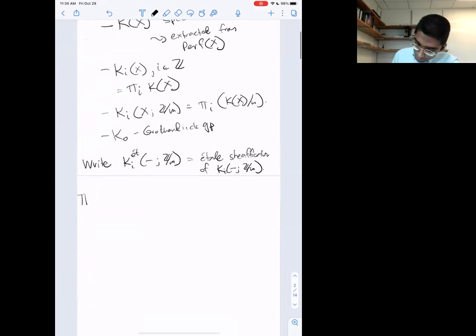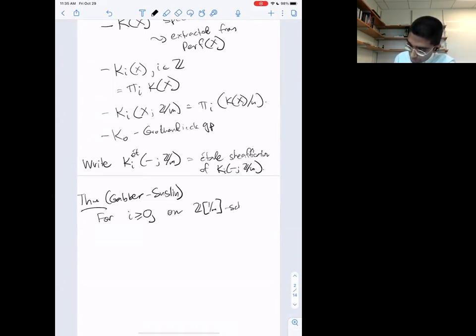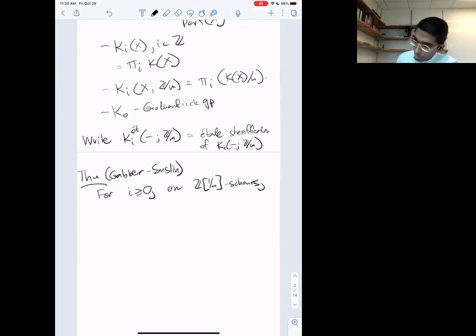So there's the following theorem. This is again due to Gabber and Suslin. Well, it's really a combination of two results, and it states the following. For any i greater than or equal to 0, on the category of Z[1/m]-schemes, I'm always going to be assuming schemes are QCQS, one can give a complete description of the étale sheafified K groups with mod m coefficients.